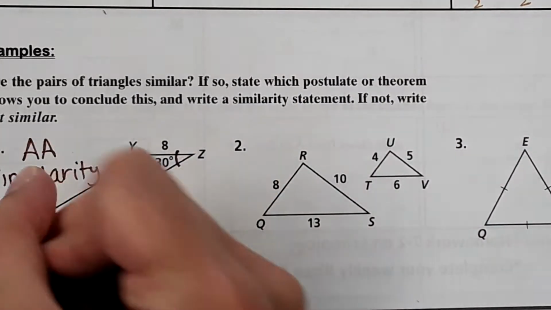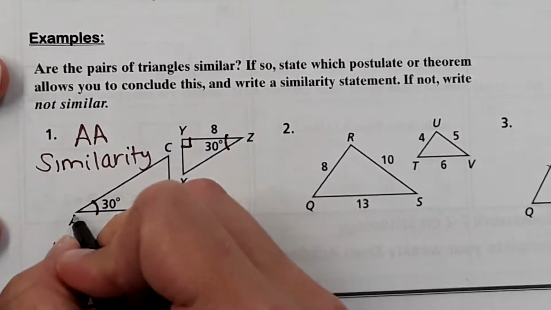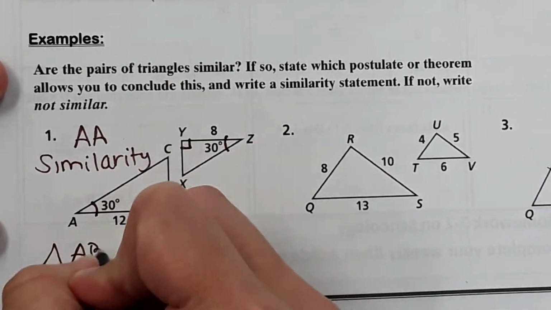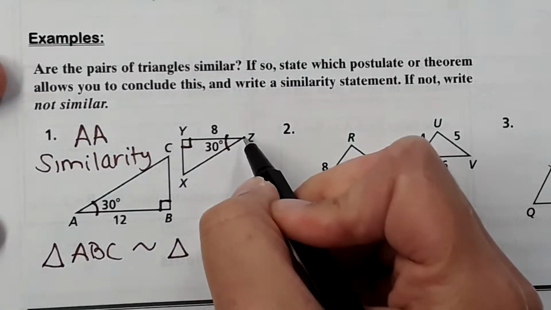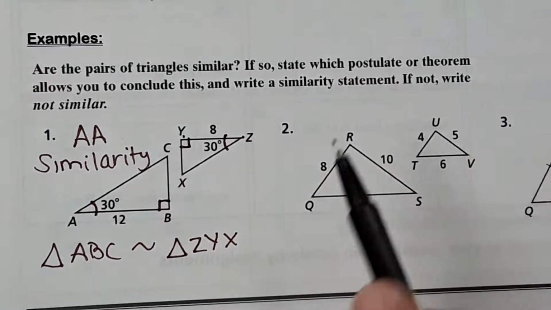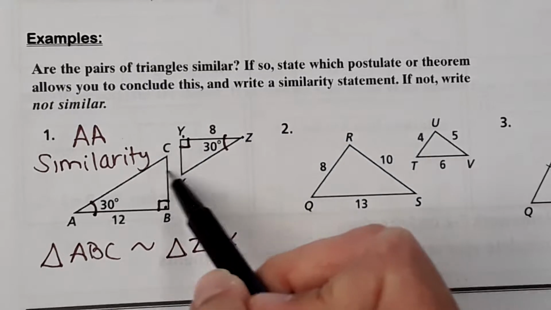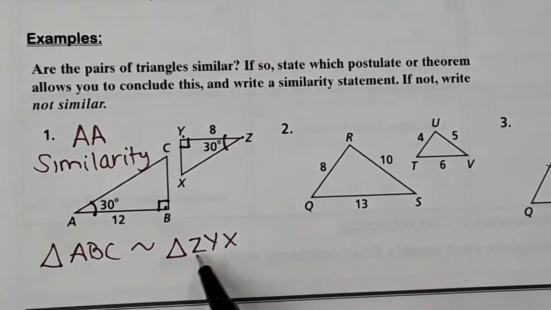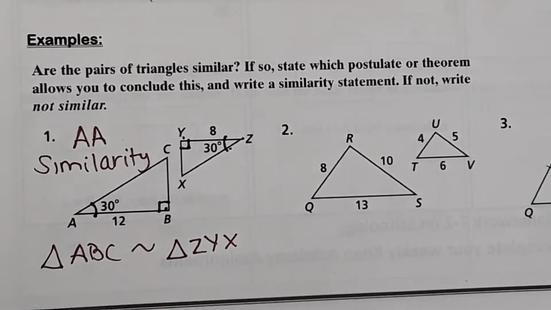And as far as the similarity statement, I can say that triangle ABC is similar to triangle ZYX. When I named the first one, I did the 30-degree angle, the 90-degree, and then the one that wasn't labeled. And when I labeled this one, 30, 90, and then the one that wasn't labeled.